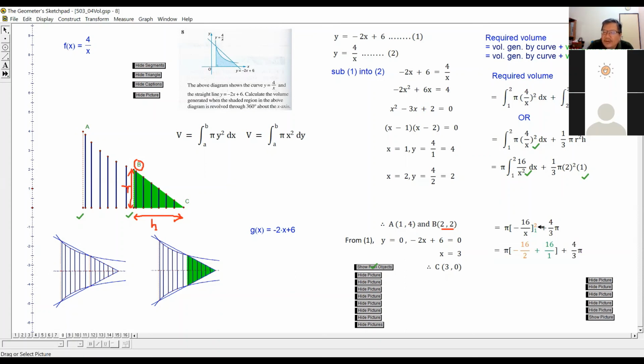When you substitute in 2, because of the negative in front, the first term becomes negative. The second term becomes positive because you subtract a negative term. So it's 16 over 1 plus 4 over 3. Lastly, the answer, using your calculator, is 9 and 1/3 unit cube.